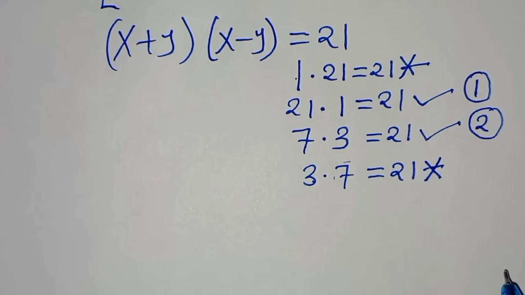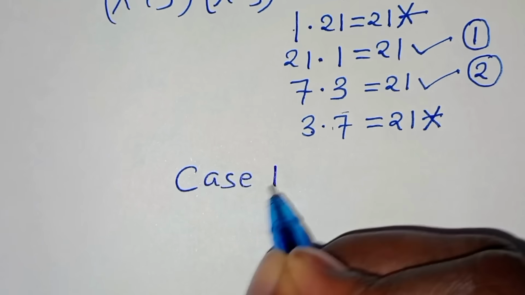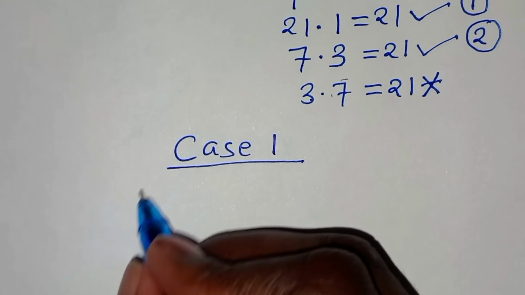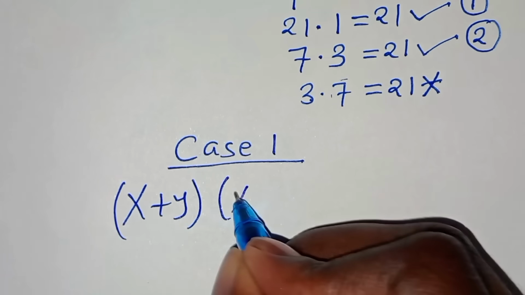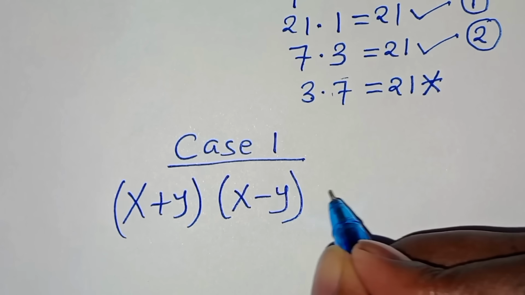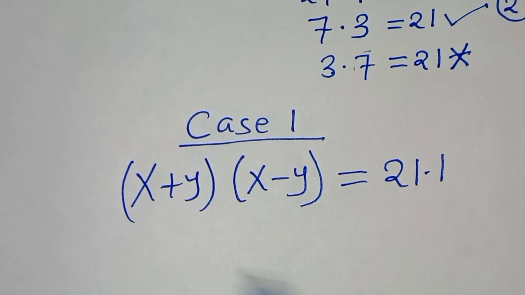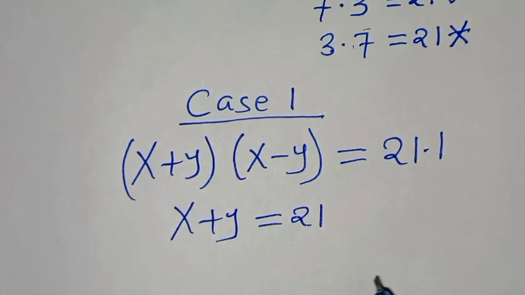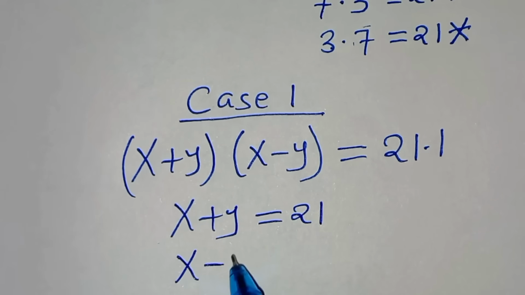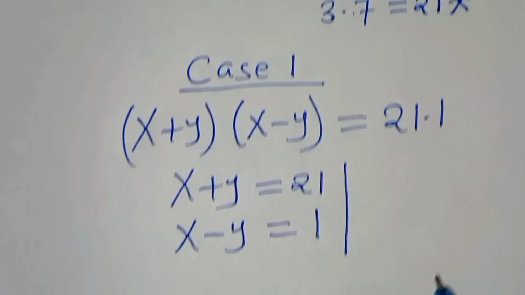So let's start with case 1. We have x plus y multiplied by x minus y equal to 21 times 1. So this means x plus y is equal to 21, and x minus y is equal to 1. These are a system of two linear equations.